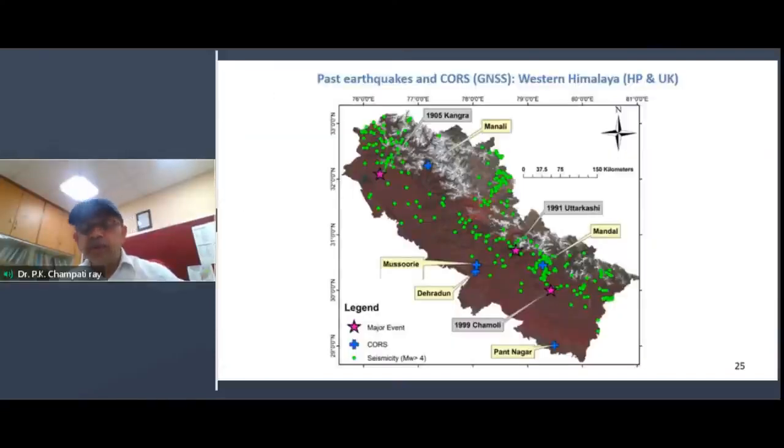So this region, why we are studying in detail, is because of the earthquakes. So this is a diagram which shows the epicenter of the earthquakes. We have major installations at Mussoorie, Dehradun, Chamoli, all those places we have mentioned. We have our instruments located to monitor these earthquakes.